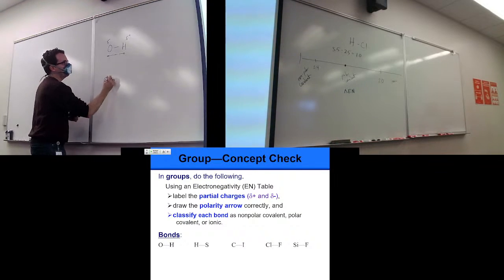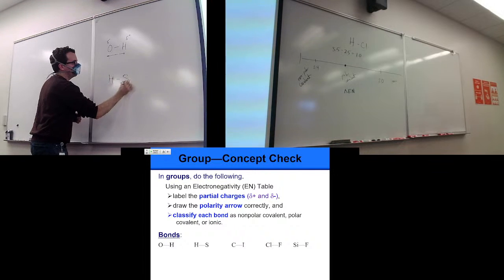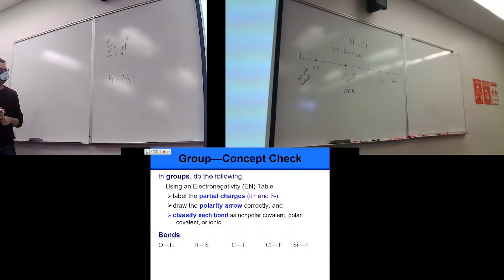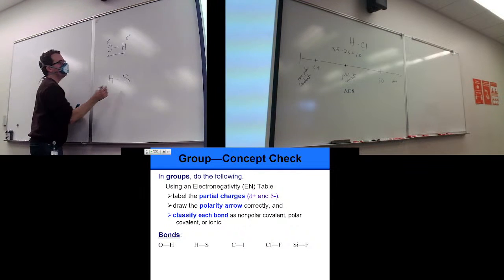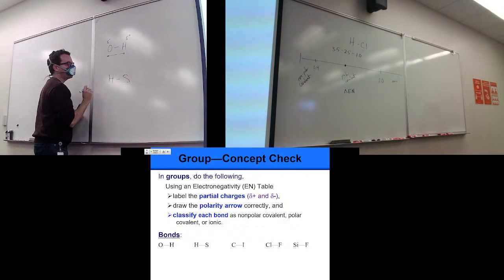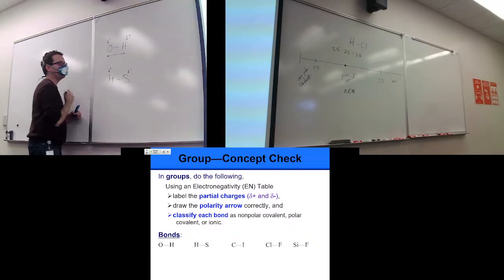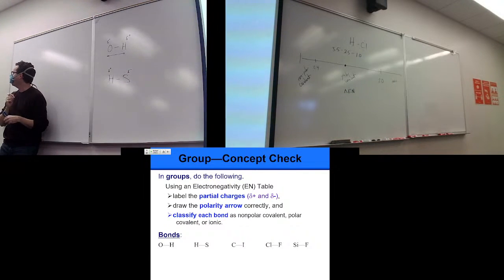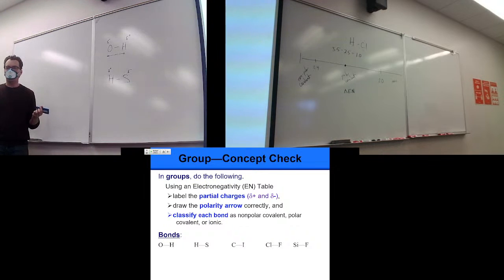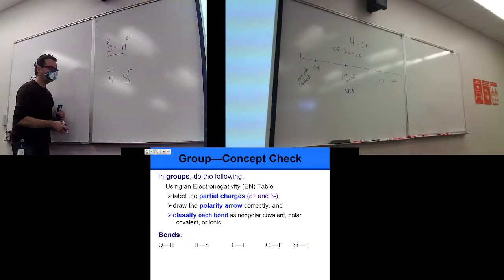H-S is a very similar kind of bond. S has a much lower electronegativity than oxygen does. Even though sulfur is more electronegative than hydrogen, you can look them up. I think S is 2.5. Hydrogen's 2.1. You could almost call it nonpolar, but let's call it polar in this case.